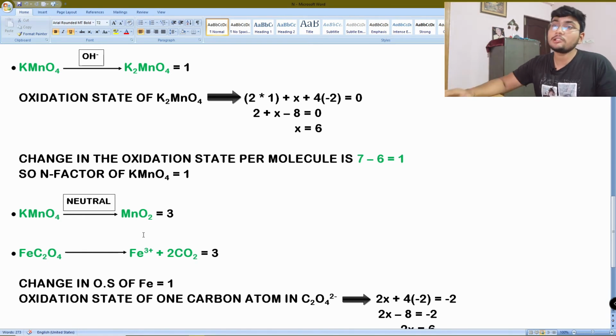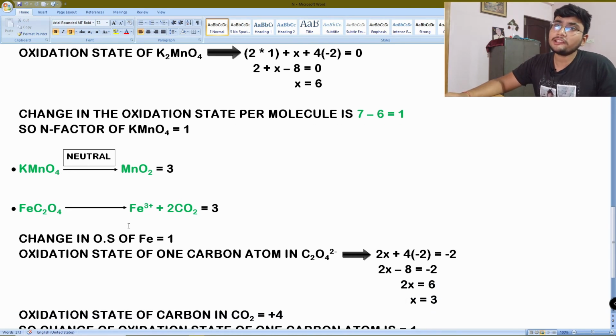I hope this is clear. So from plus 7 to plus 4, there is a change of 3 oxidation number per molecule. So the N factor will be 3. I hope this is clear to you.